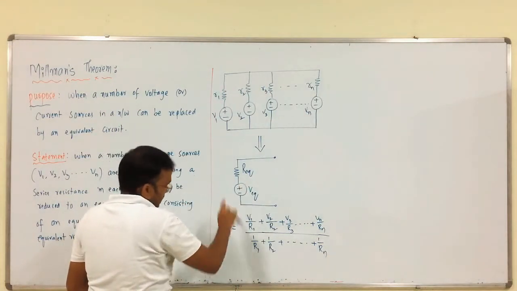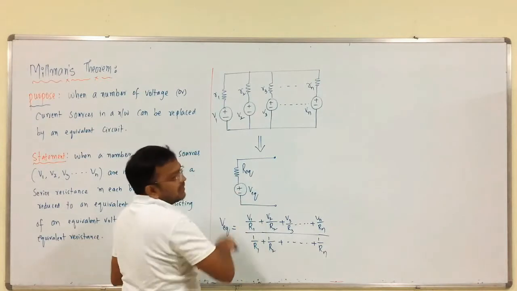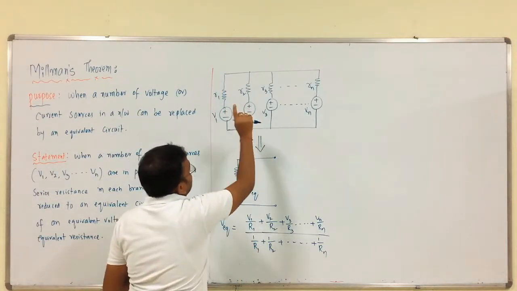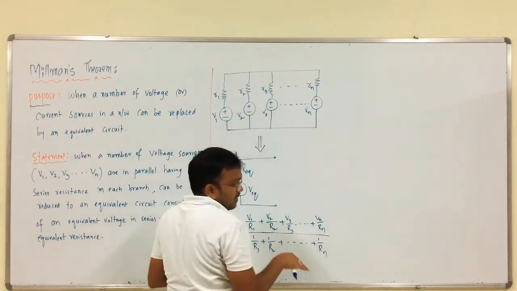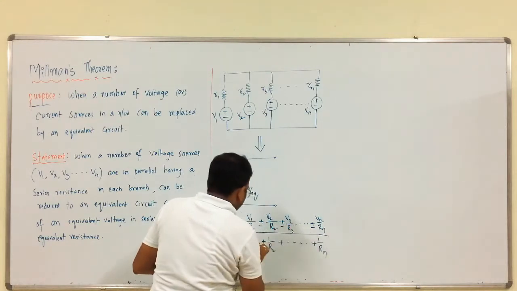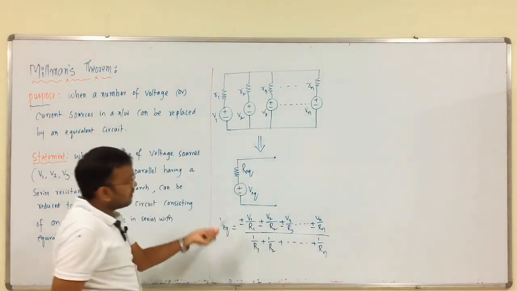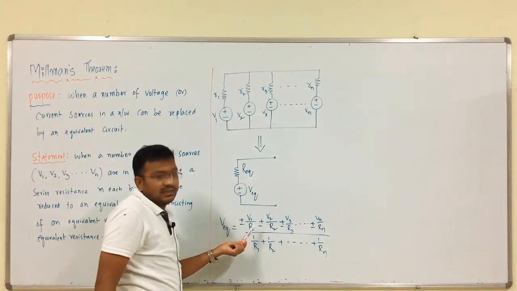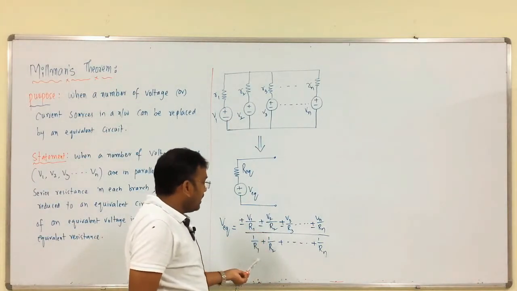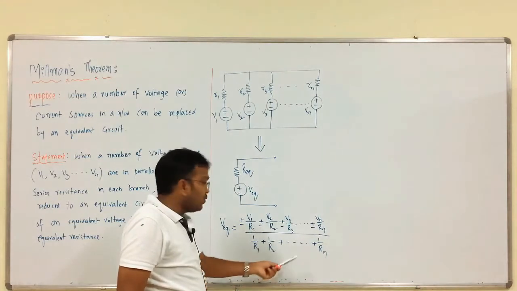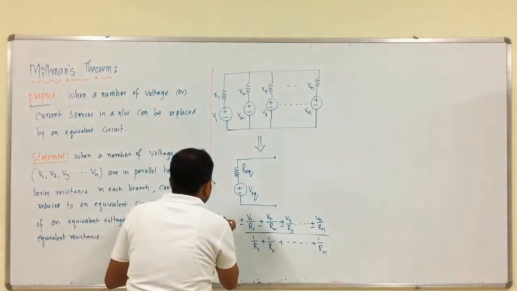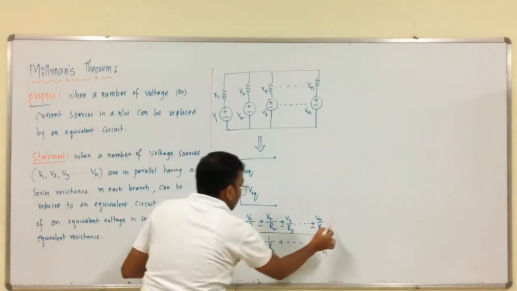Here we have plus minus, but in some circuits we are going to get minus plus. For example, plus minus V1, V2 minus plus, V3 plus minus, V4 minus plus. That is why we can write plus or minus, depending upon the voltage source representation. Like that, plus or minus V1 by R1 plus or minus V2 by R2, but R equivalent is nothing but 1 by R1 plus 1 by R2 up to so on 1 by Rn, that is it. This is V equivalent.